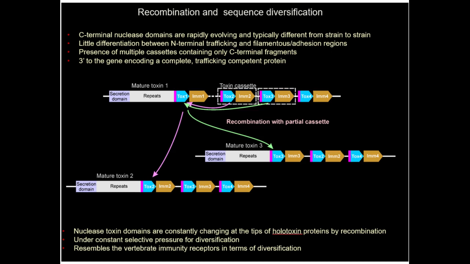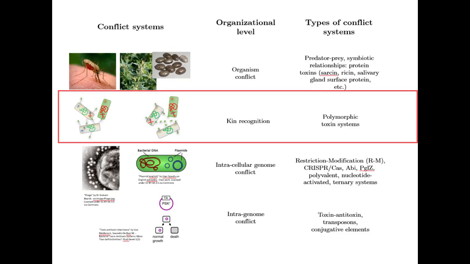So to quickly summarize the key discoveries, we found that now we could extend this concept of the toxin-antitoxin like pair to other systems which involved toxin effectors, but they were not intracellular, but they were cell surface. So they were part of a different level of conflict. It was not conflict within the genome, but conflict between organisms.